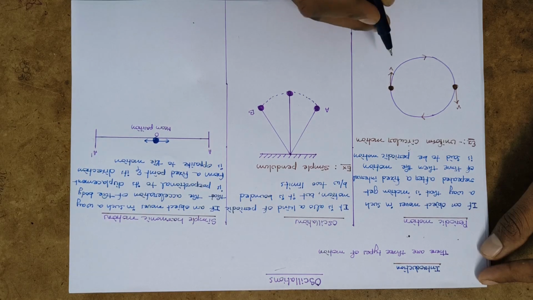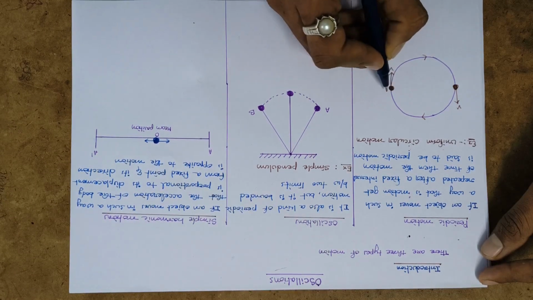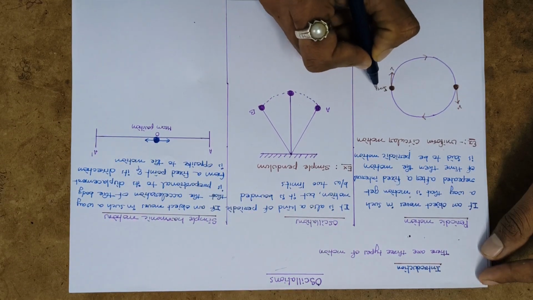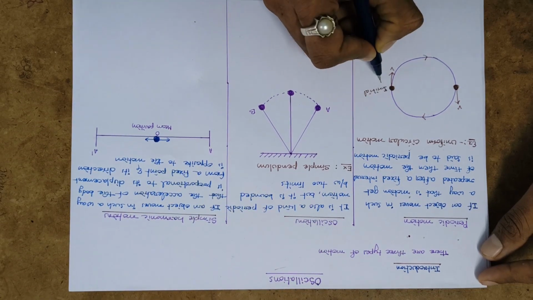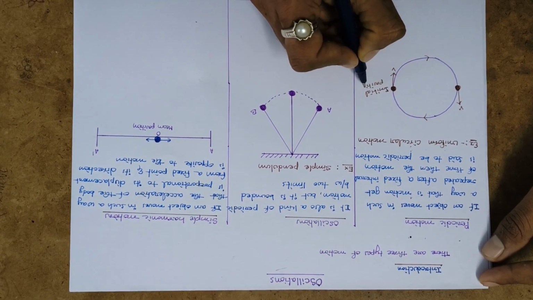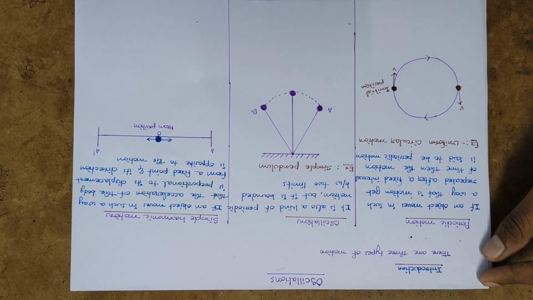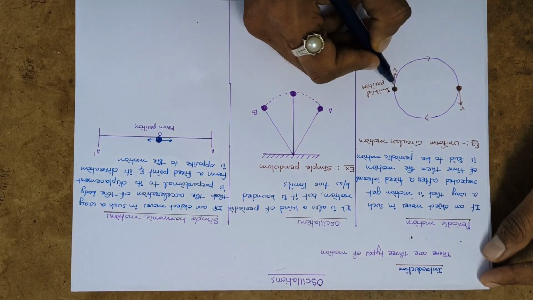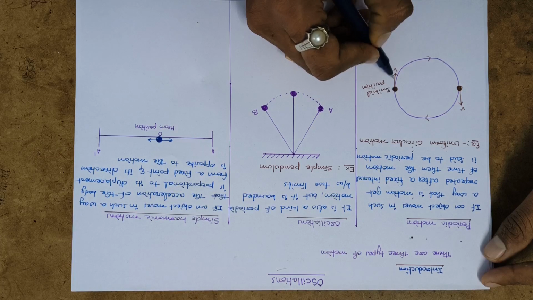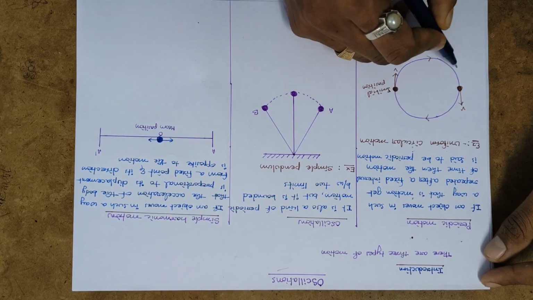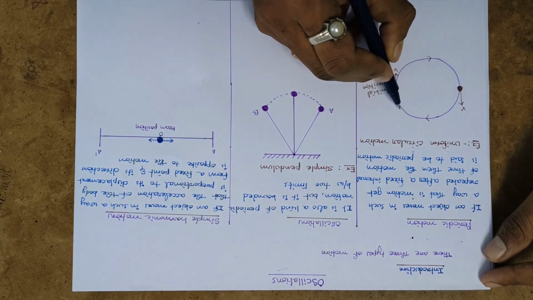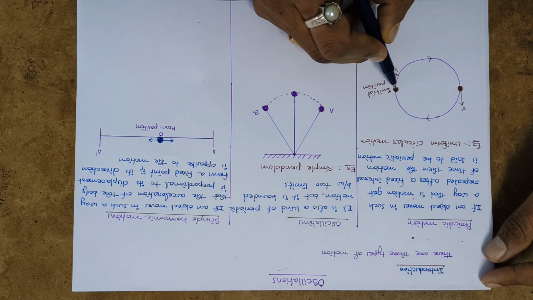Okay, so let us assume this is the initial position of the particle. I am writing here, this is the initial position of the object. Now the object starts moving with some velocity v in a circular path and finally reaches the same position.